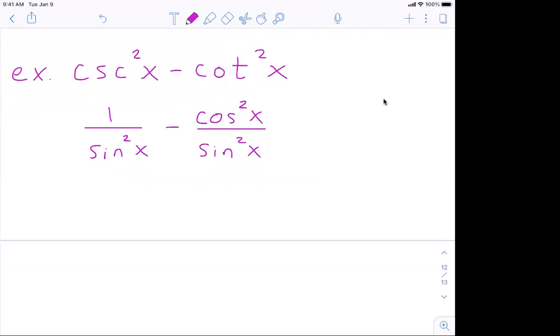That's nice. So we can already combine it to 1 minus cosine squared x over sine squared x. Any questions yet?